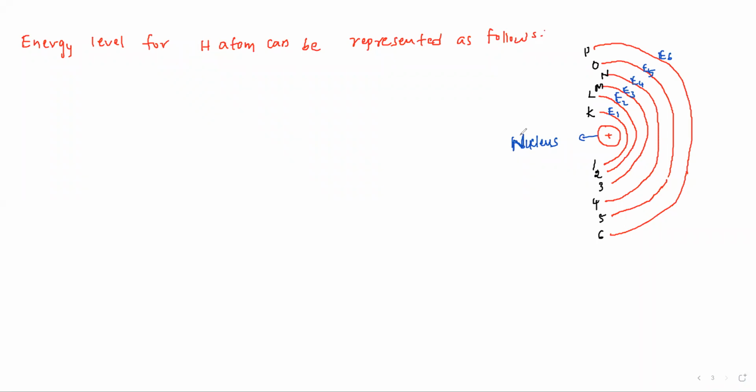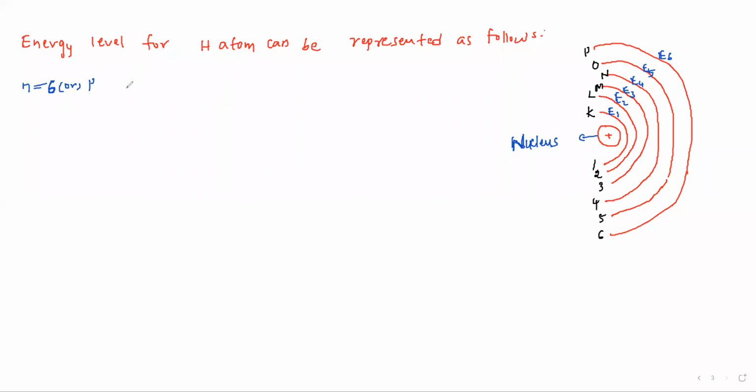Now, for example, what is the energy of an electron when n is equal to 6? Calculate the energy of an electron for n equal to 6, the P shell. How can we calculate this?